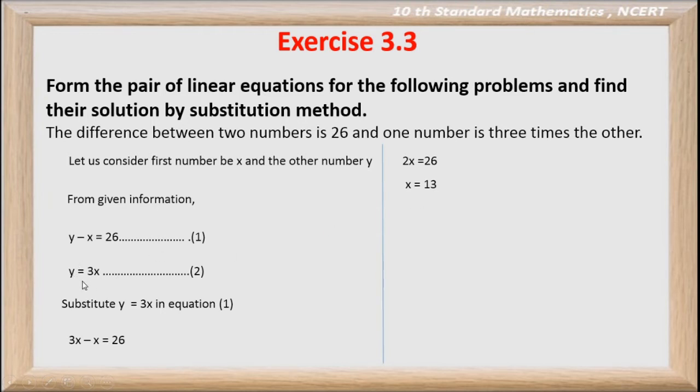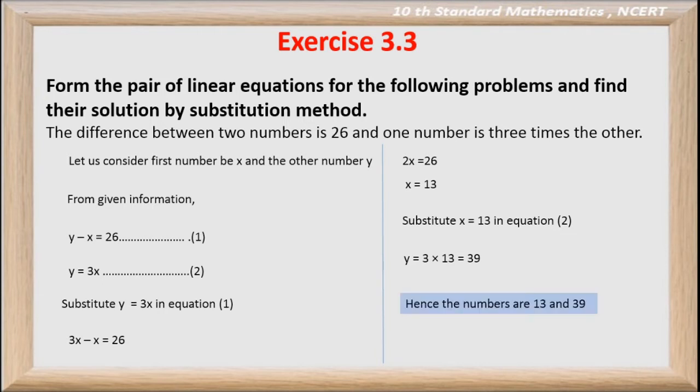See the second one, y equal to 3x. In this place, instead of x, we can give the value 13. So substitute x equal to 13 in equation 2. Here in the x place we are giving the value 13. So y equal to 3 into 13. 3 into 13 how much? It is 39. So y equal to 39.